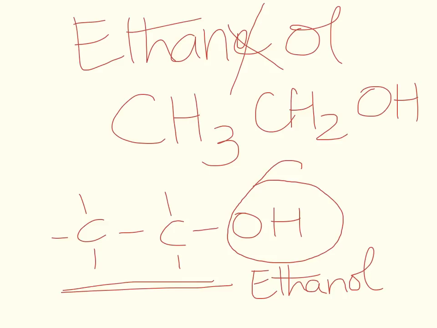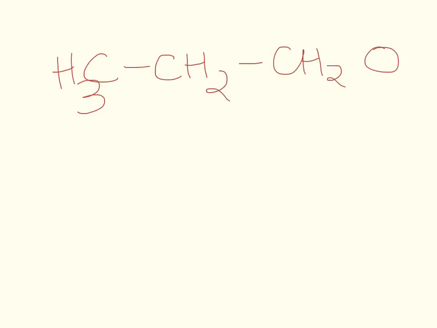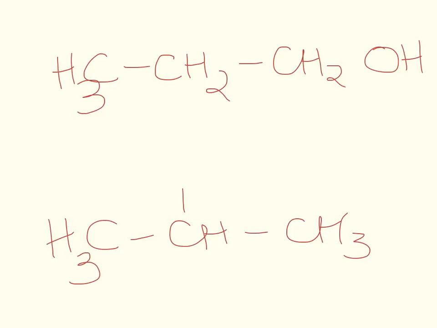Now, if the alcohol has more than 3 carbons, say for example you have a case like this, CH3, CH2, CH2OH, okay, and then there is CH3, CH3OH, and if you realize both of these are alcohols, both of them have 3 carbons.